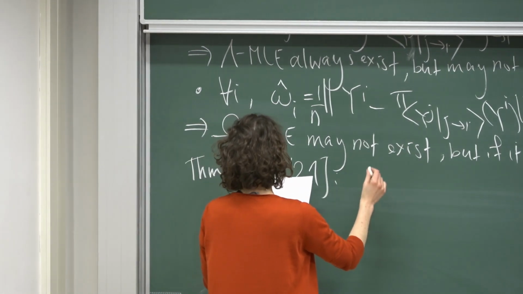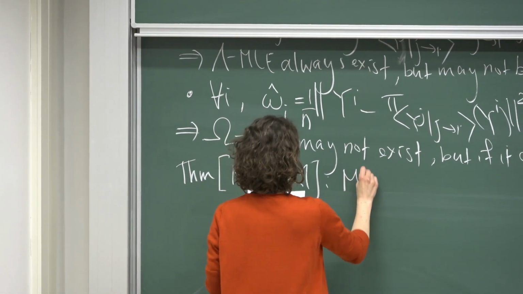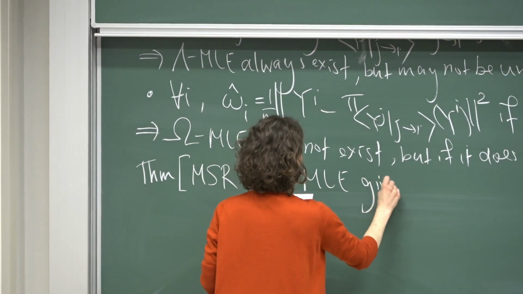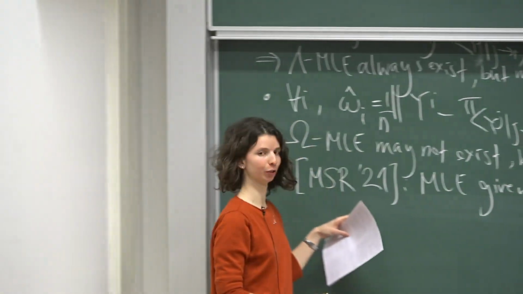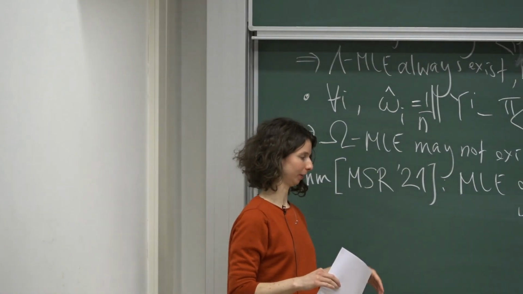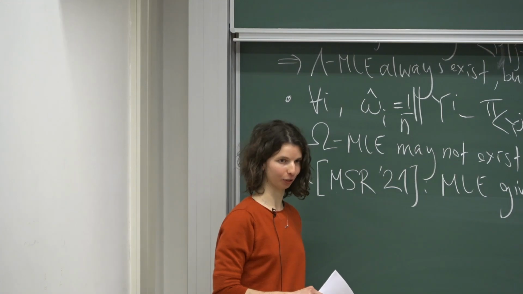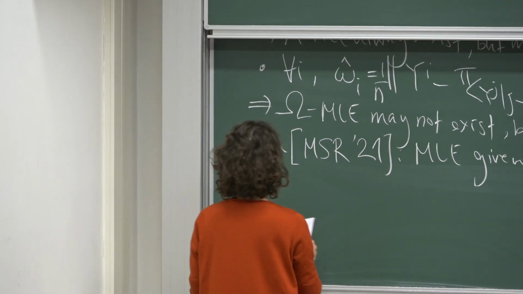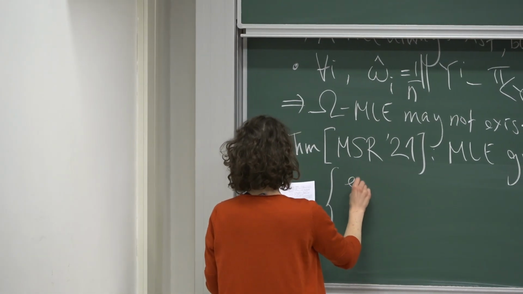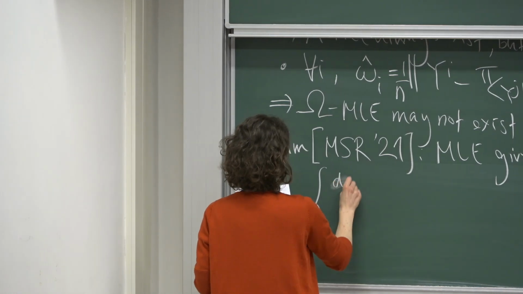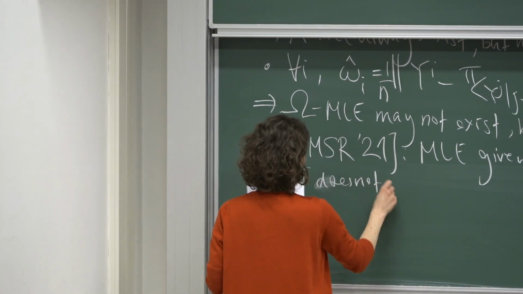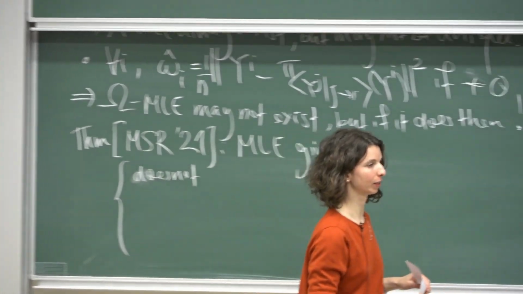I'll write that down. This paper builds on the paper that was presented in Carlos's talk. So the MLE given y exists. Actually, let me start with does not exist. Maybe I need a bit more space to write that.